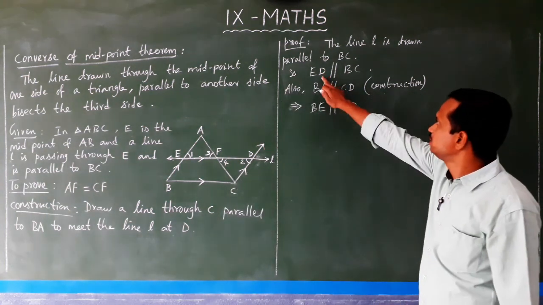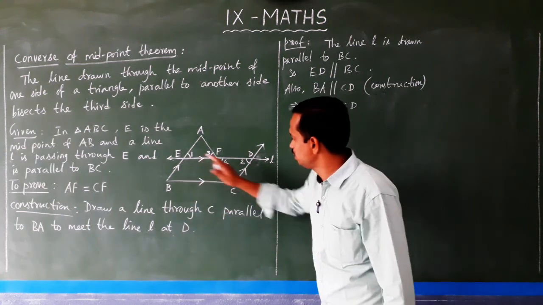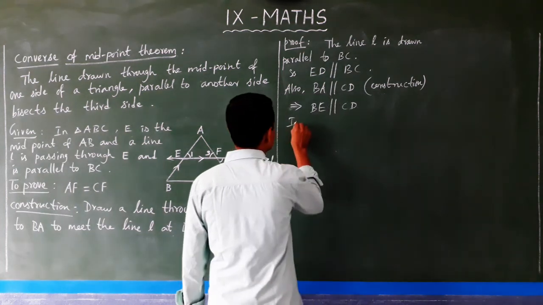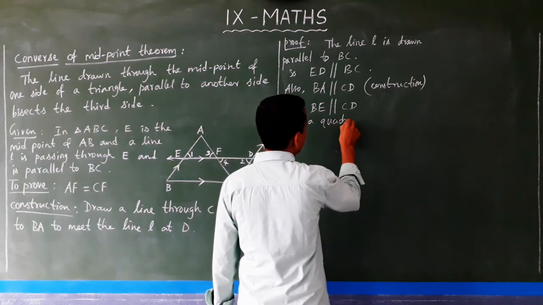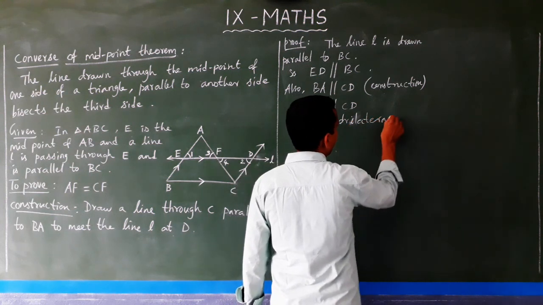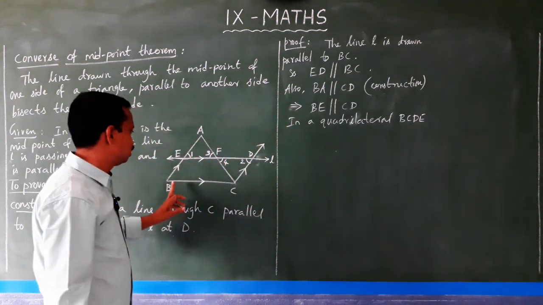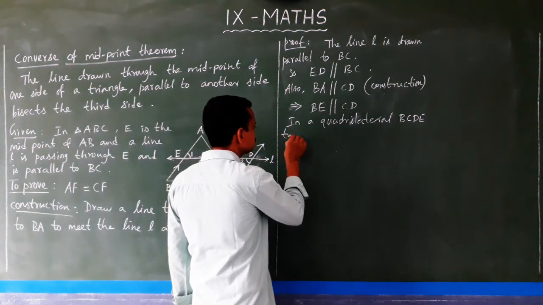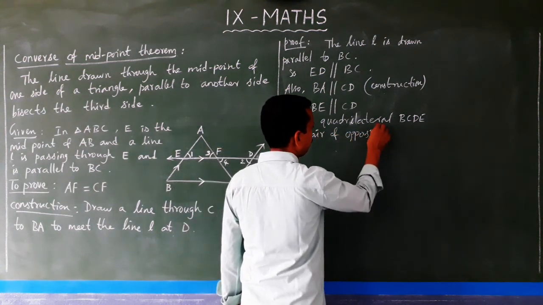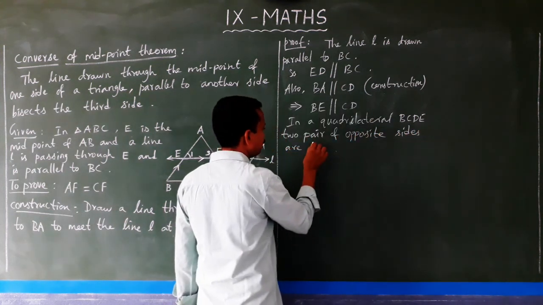Now you look, ED and BC are parallel, and BE and CD are parallel. That means what? In quadrilateral BCDE, two pairs of opposite sides are parallel.